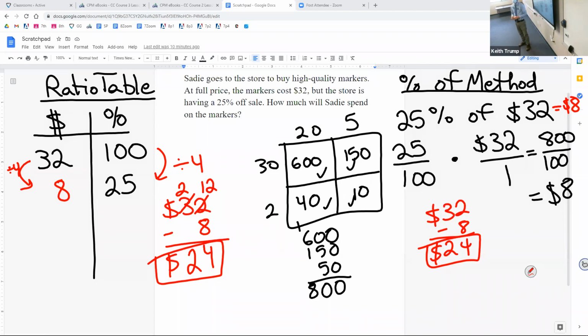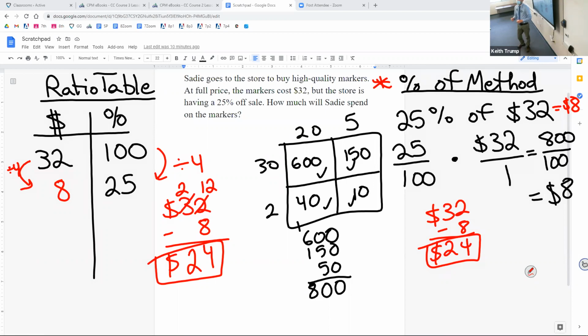The percent of method, though, is pretty much the same for all problems involving percent of. And that's why I like the percent of method a little bit better, because this works pretty much the same way, regardless of what the question is asking in terms of percent of. And the ratio table method can get a little tricky, but it's definitely possible to use it, okay?